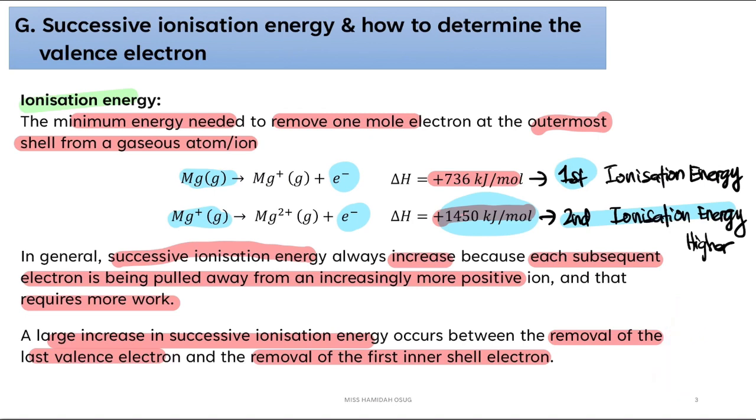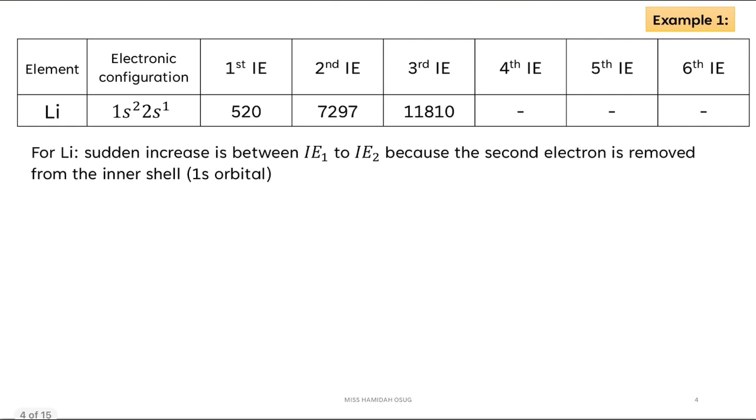So what does that mean? Let's take a look at example 1. We are looking at the element lithium. The electronic configuration for lithium is 1s2 2s1. Therefore, the valence electron shell is 2s1 and 1s2 is the inner shell.